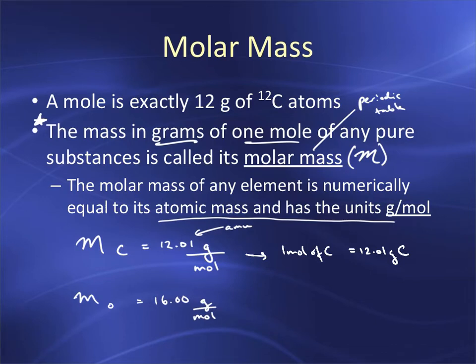Remember last time we talked about how 1 mole of a substance is 6.02 times 10 to the 23rd particles. So if I weigh out 12.01 grams of carbon on the scale, I should have approximately, and this does require some approximation, 6.02 times 10 to the 23rd atoms of carbon.